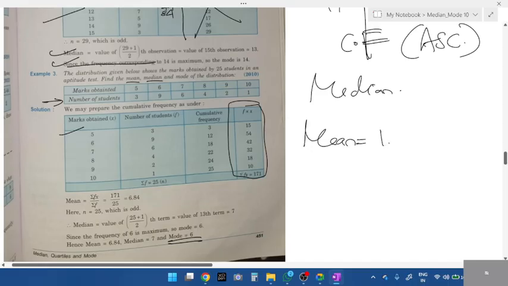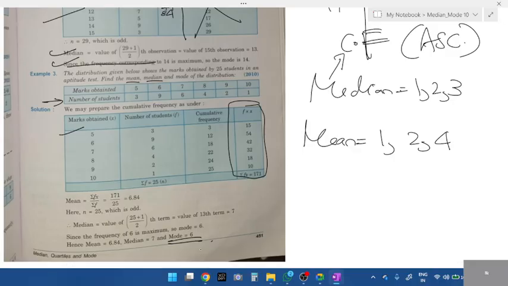So I'll write the columns here. First column, second column, fourth column for mean. First column, second column, third column for median. And for median, the rule is cumulative frequency and ascending order. Even for mode, you have to keep it in ascending order. So in any question, arrange in ascending order, students. First point, arrange in ascending order.